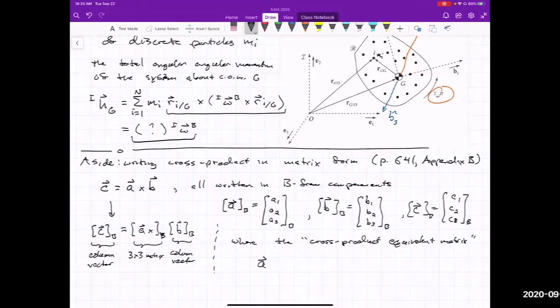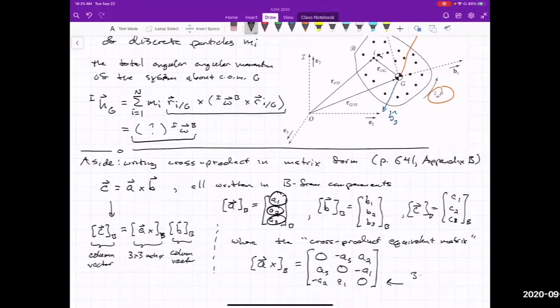So A cross. You take the components of A, we know the components of A are A1, A2, and A3, and you form those into a 3x3 matrix, which has zeros along the diagonal. And then this is negative A3 up here, A2, negative A1, and this is a skew-symmetric matrix. So this is A3, negative A2, and A1.